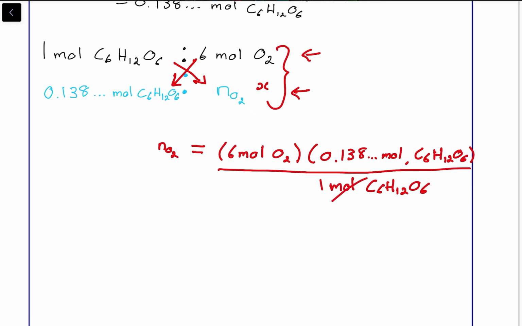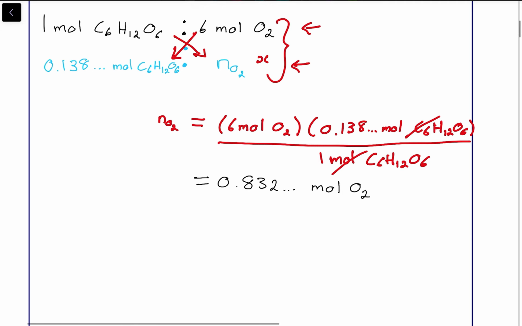This unit cancels with that unit. Which gives us an answer for the number of mole of O2. And the number of mole of O2 is going to be 0.832 and some number mole O2. Okay.